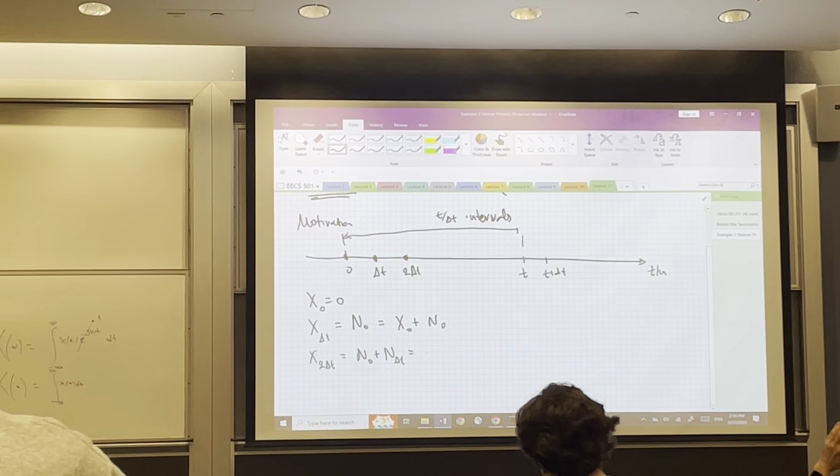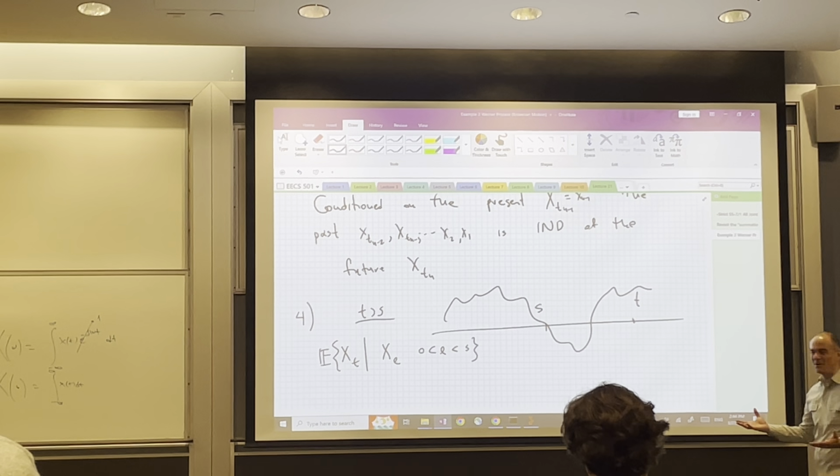The mean of x of t, the mean of this random variable x of t, conditioned on all observations xl up to this point. What is this? Why would this be useful? For forecast. How do we call that? Estimation, we call it in our language, right?